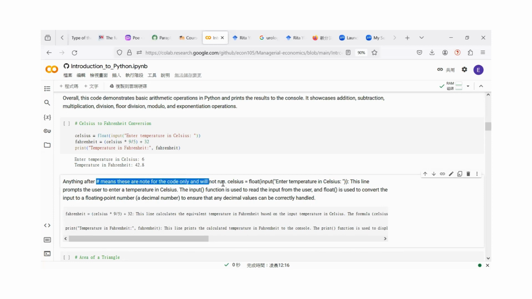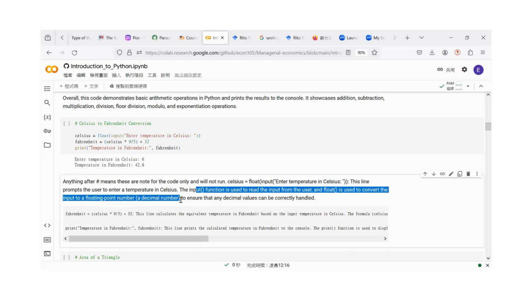Anything after the hashtag means that it is for comments only and we will not run it. So this line in itself prompts the user to enter a temperature in Celsius. The input function is used to read the input from the user, and the float is used to convert the input into a floating number, that is a decimal number.